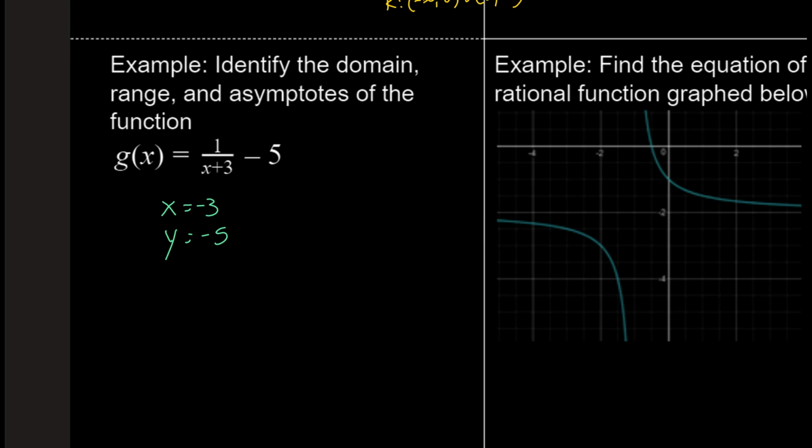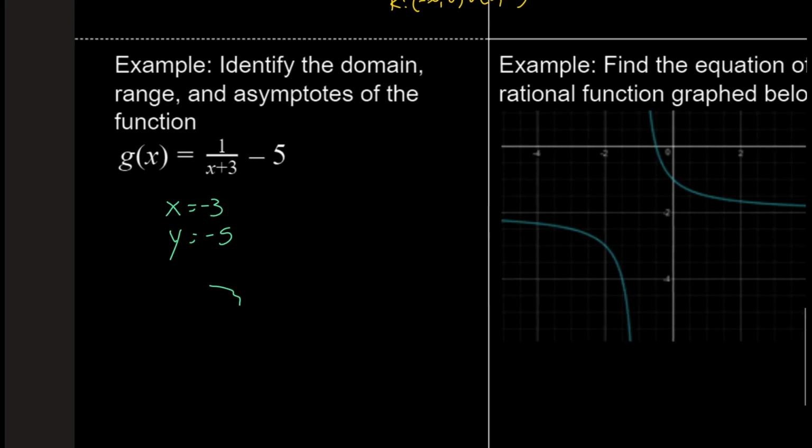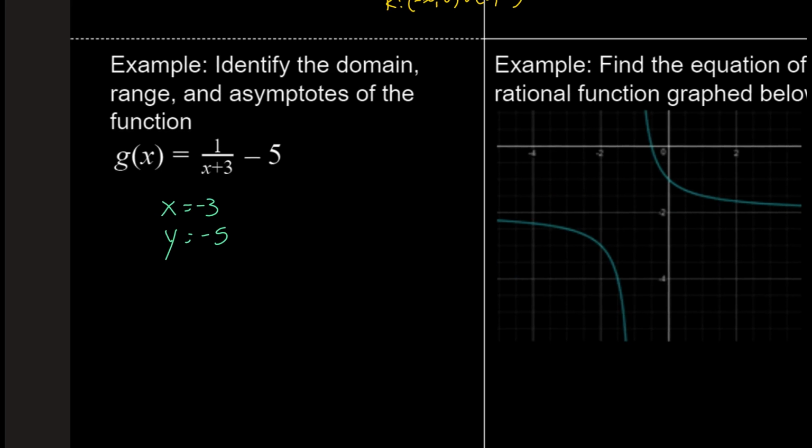So the domain is everything except -3. Good. It's no longer 0. It has now been moved to -3. So our domain, can anyone take a guess?